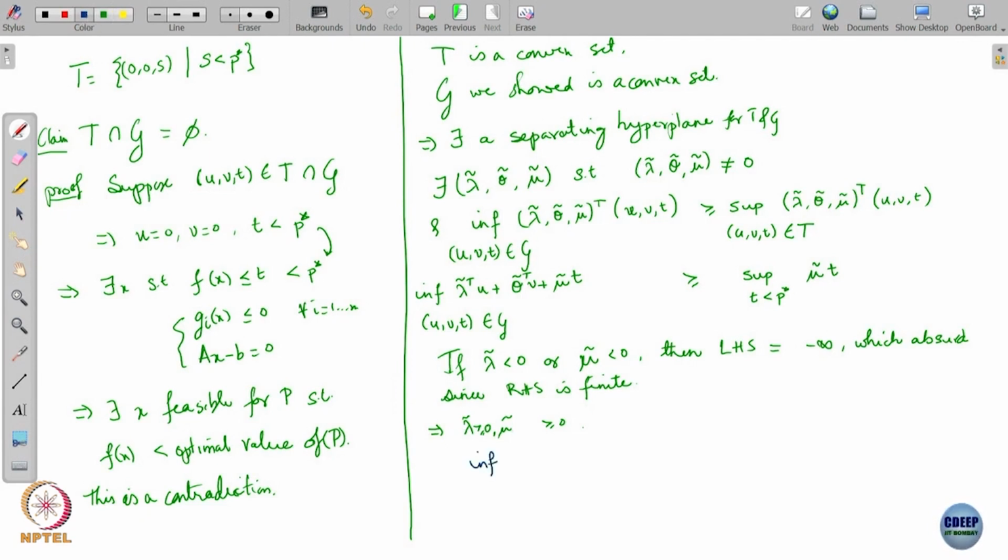The infimum of the left hand side, lambda tilde transpose u plus theta tilde transpose v plus mu tilde times T, is greater than or equal to mu tilde into P star, and the infimum here is over u, v and T belonging to G.